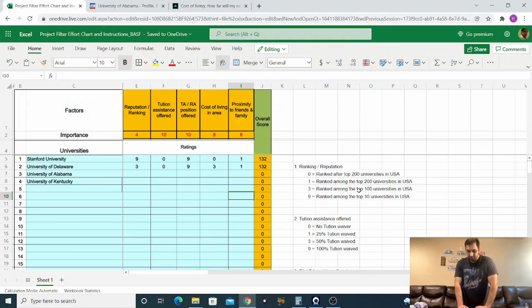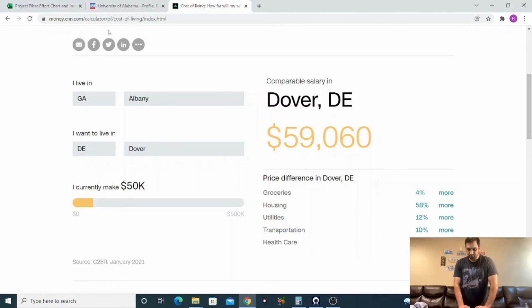Alright, so it's ranked above 100 but under 200, so we give it a 1 here. Tuition assistance, let's say they offer me tuition assistance. Let's say they give me a 50% waiver, so that gives me a rating of 3 here. Let's say they give me an assistantship as well. Cost of living, again we can do this quickly.